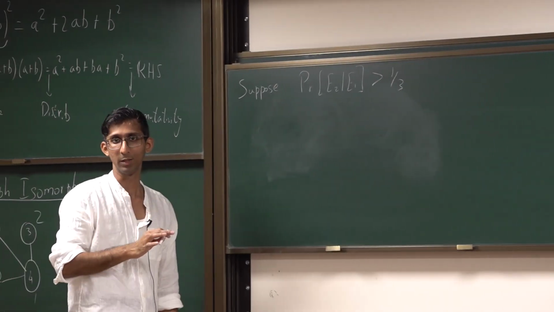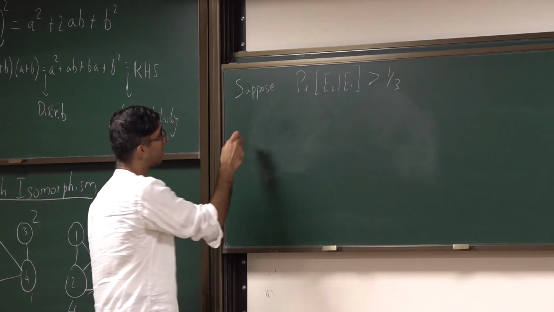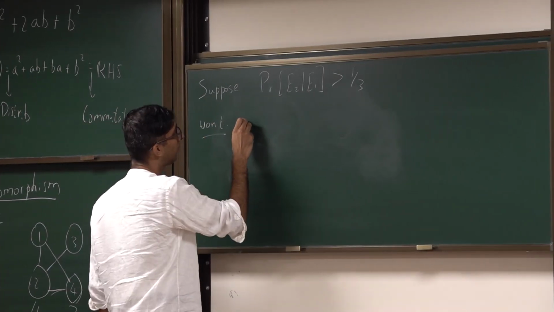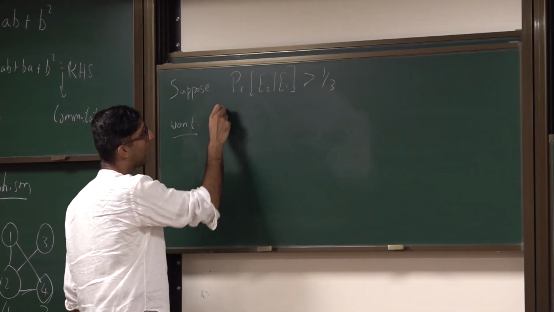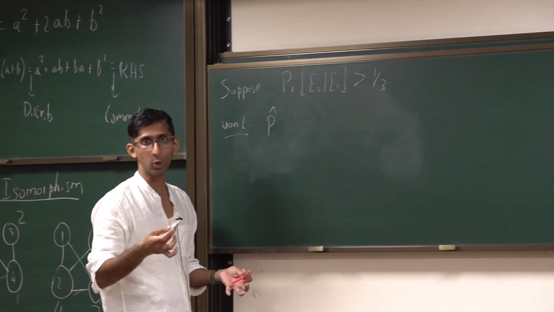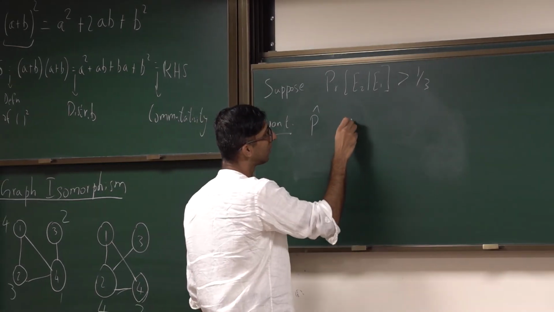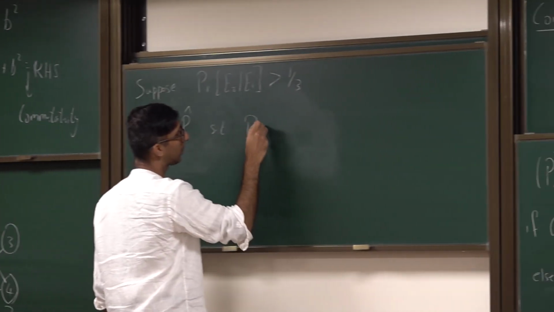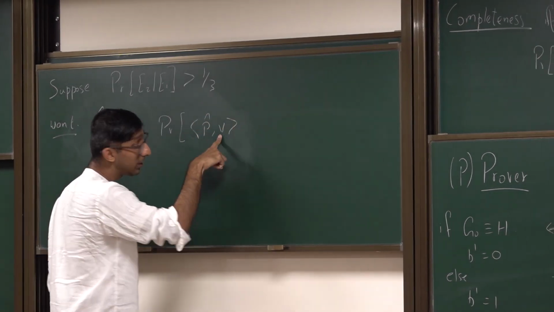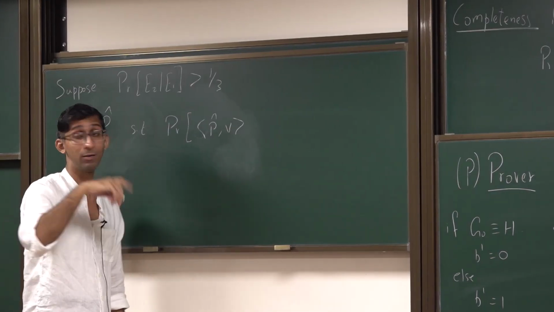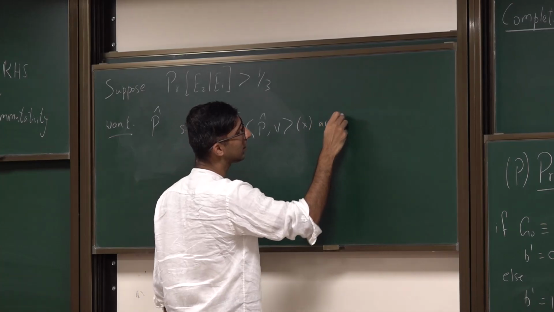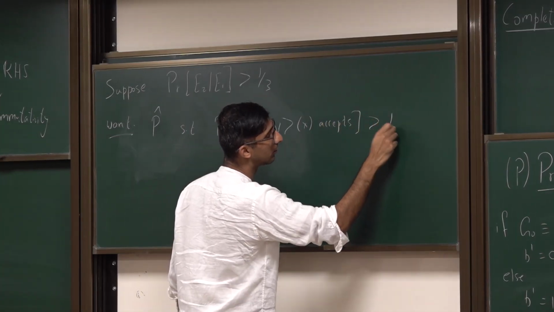Now from here I want to construct some P hat, a different bad prover for the base protocol, such that when the base verifier for one iteration interacts with P hat, the probability that it accepts is more than 1/3.